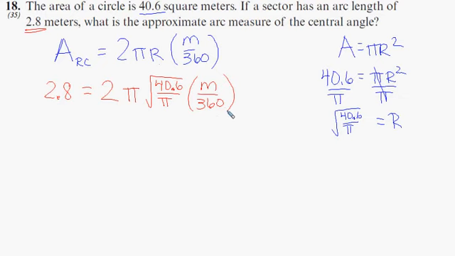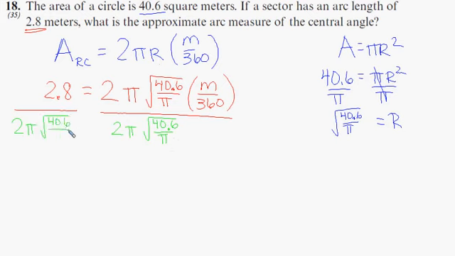So we're going to just divide both sides of the equation by this big ugly mess. Dividing by 2 pi times the square root of 40.6 over pi, and I have to do it to both sides. So all of this cancels, people.